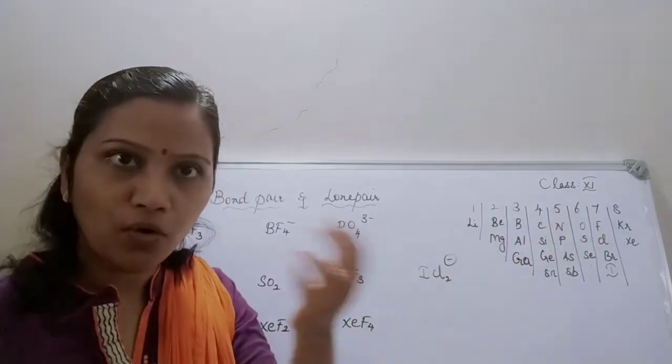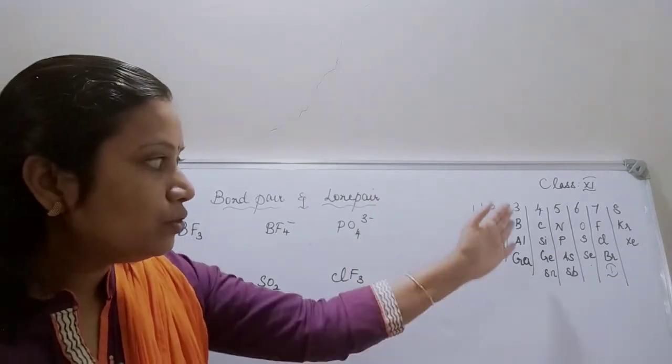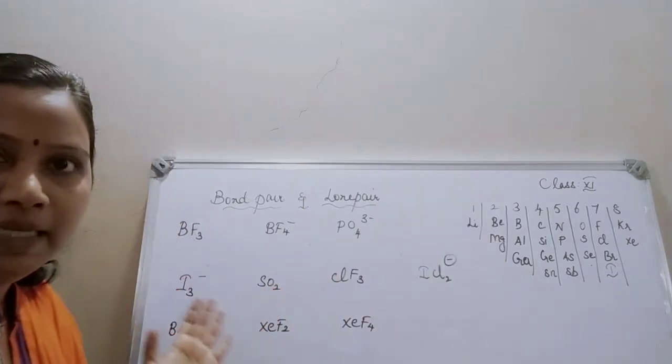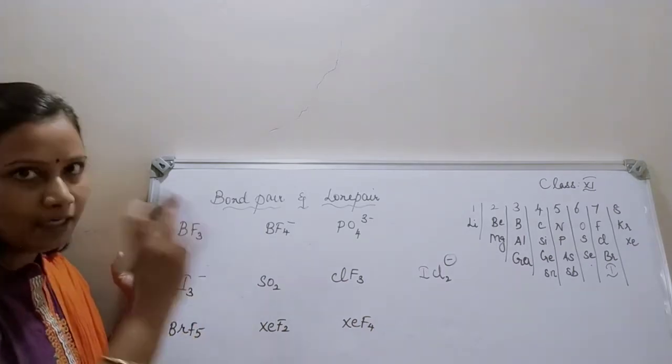Noble gases, you all know, have octet configuration, so they have 8 valence electrons. You should be aware of this, then only it will be easy to solve the problems to determine the lone pair and bond pair.